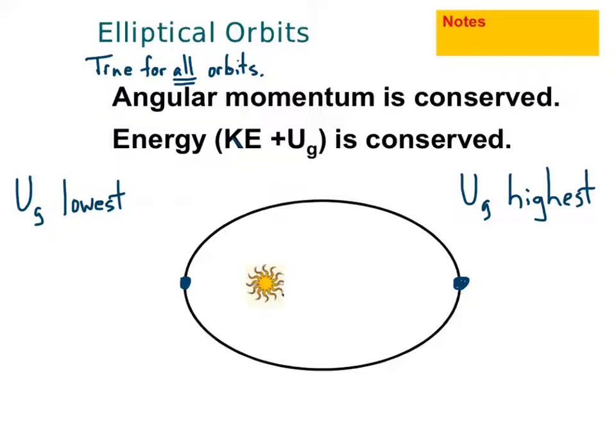Well, if total energy is conserved, that means that kinetic energy at its closest distance to the sun has to be at its highest point, and kinetic energy when it's farthest away from the sun has to be at its lowest.